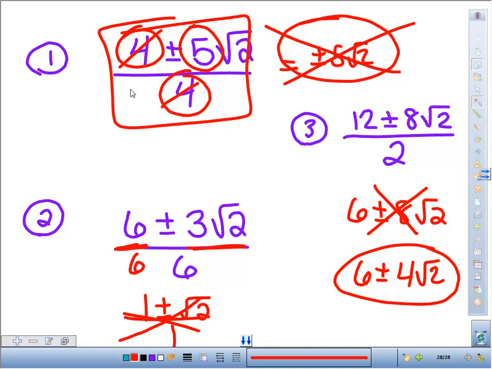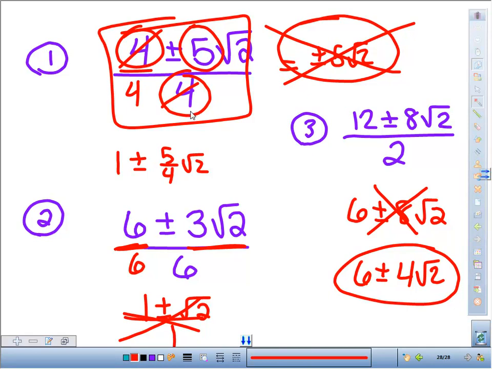Yes? If you split this one up, you would get 1 plus or minus 5/4 square root of 2. That is correct. However, if it all can't be reduced, all your math books and everything will just leave it like this. They won't break it up into 2. Good question. If all 3 don't go into the same thing, you can't.